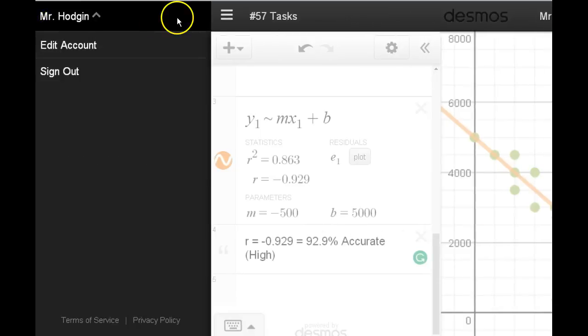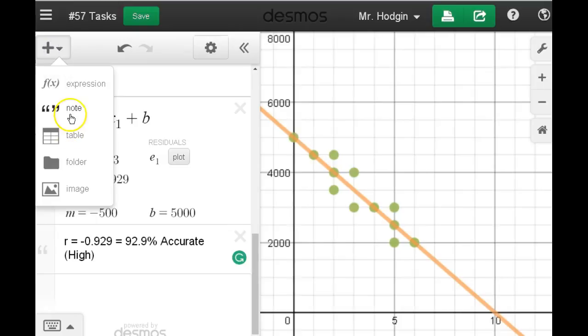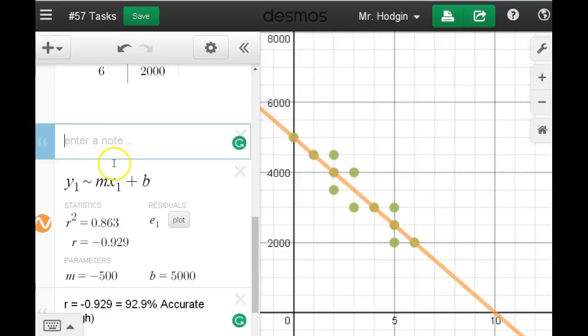Let me add another note, and I can go through these, and I already did B, and so I can actually write out C now. And it asks me, what's the equation of the line? And we can take the M and the B from right here and write my equation of the line.